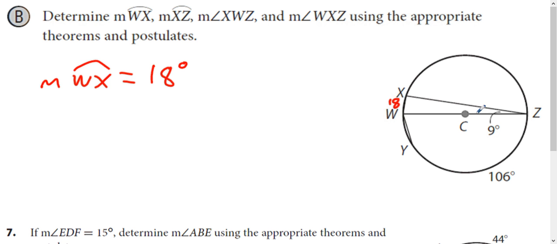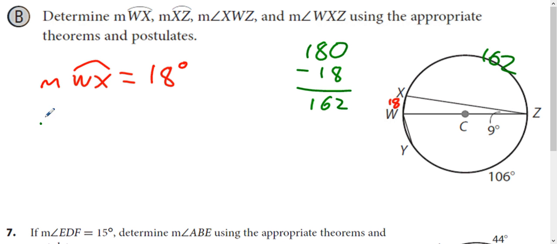We also can see here that WZ goes through the center, that's a diameter, so this whole thing going around from W around to Z is 180. So 180 minus that 18 is 162. So from X to Z is 162 degrees.